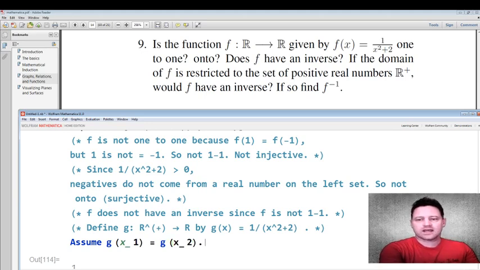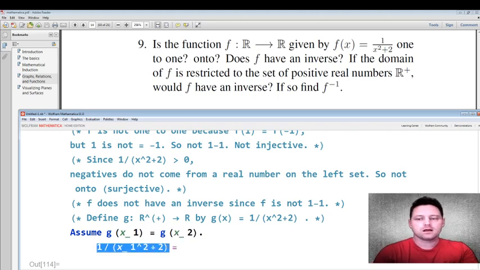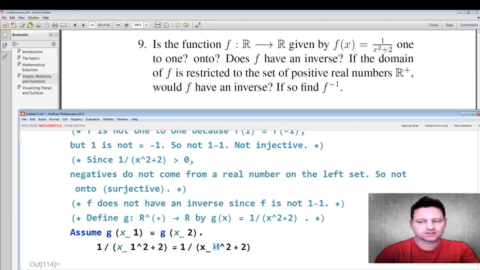So if we have g of x1 equals g of x2, well then we have 1 on x1 squared plus 2 equal to 1 on x2 squared plus 2.